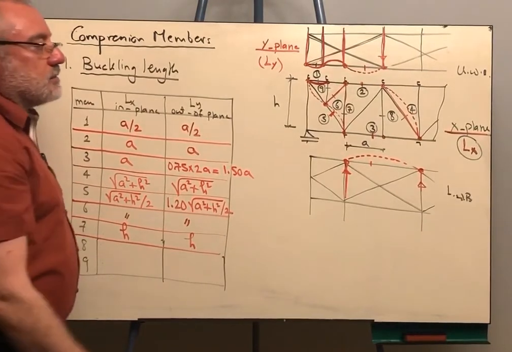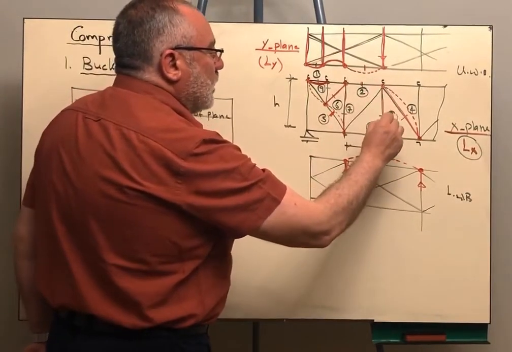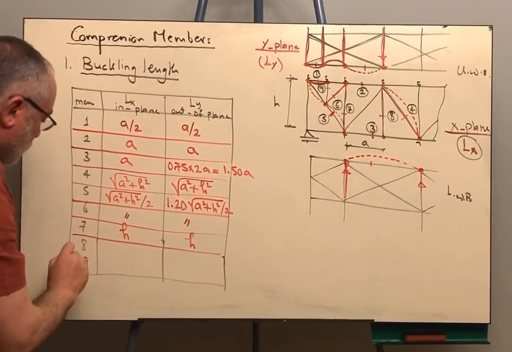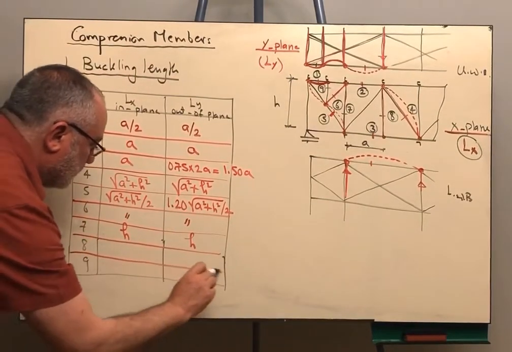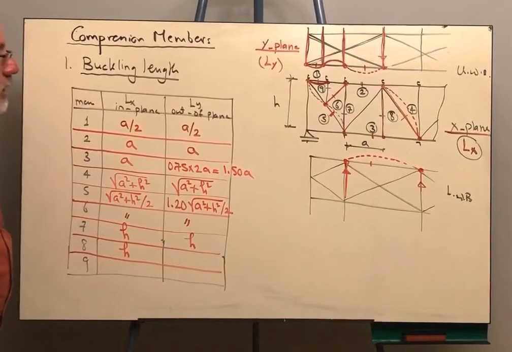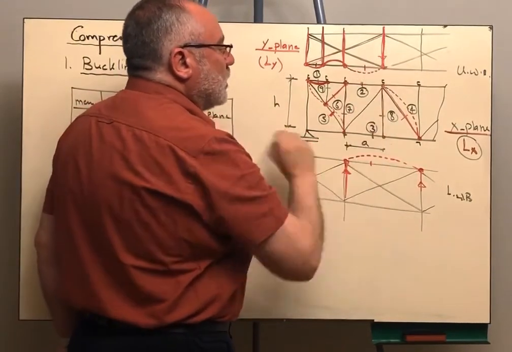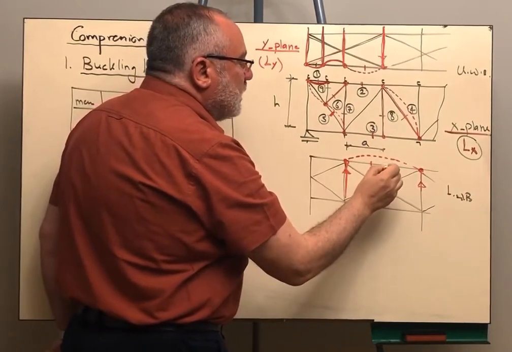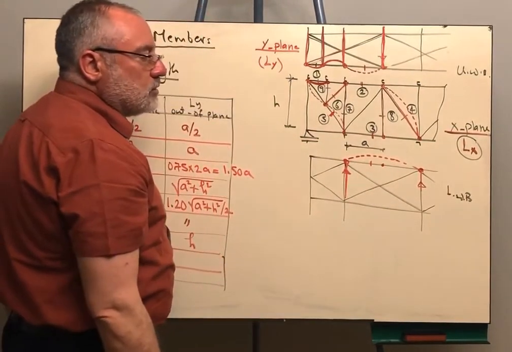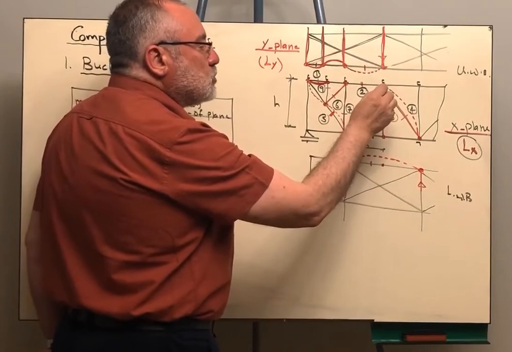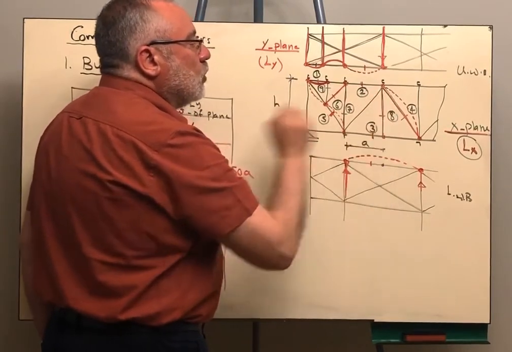Now member 8. The in plane buckling length is always equal to the geometric length of the member. And in the out of plane, this point is braced by the effect of the purlin, and at this point there is nothing to hold it, right? So according to the Egyptian code, I will take 1.2 of that length.